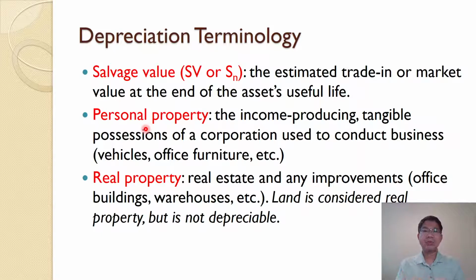Then to be considered for depreciation, you have to separate the land cost, which is considered real property but is not depreciable. Only the office building, the warehouse, etc. are depreciable, but not the land itself. So even with real property, we have to separate those two values.